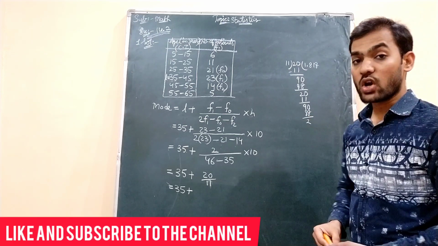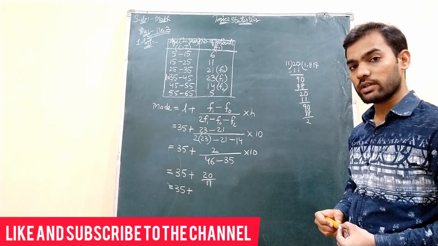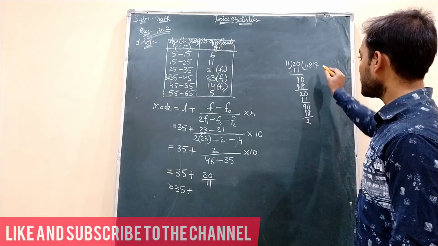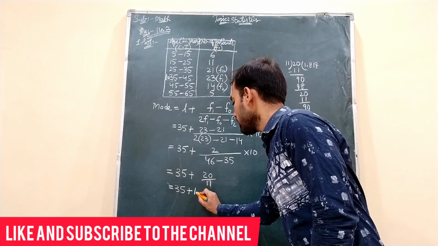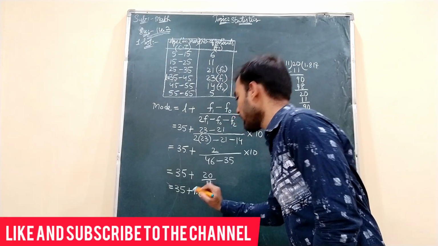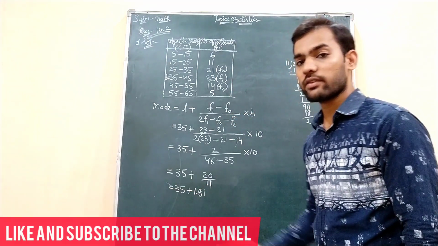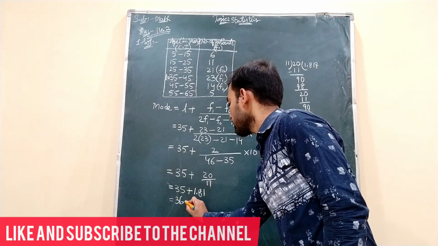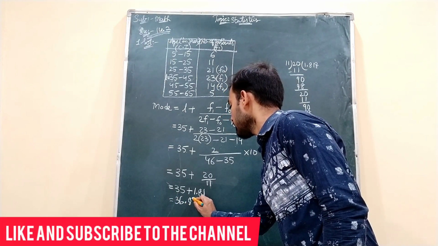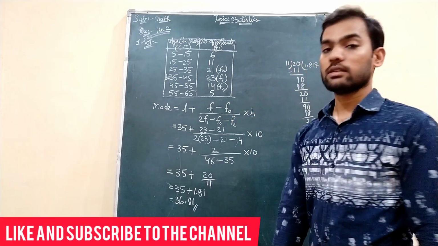Here it is not getting terminated, the story is going on continuously. So that is the reason we will stop like that only. 35 plus 1.81. When you add 35 and 1.81, you will get 36.81 as your answer.